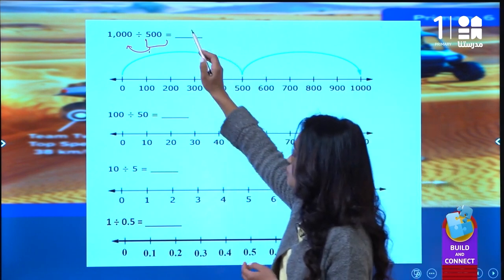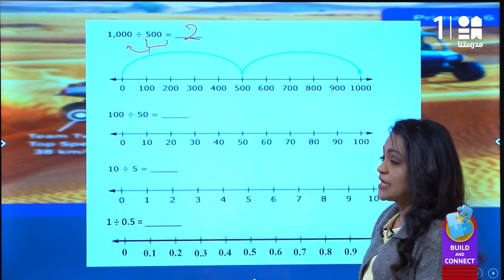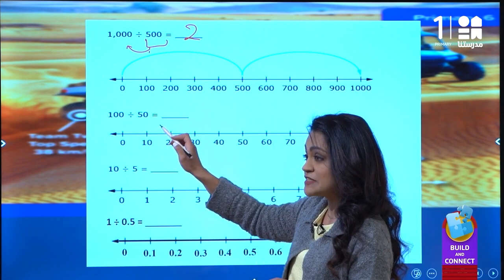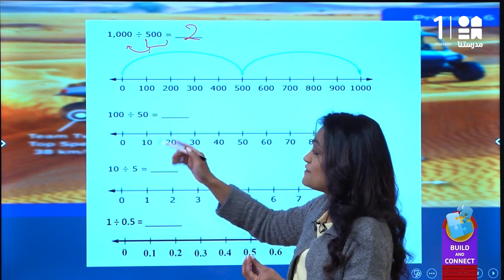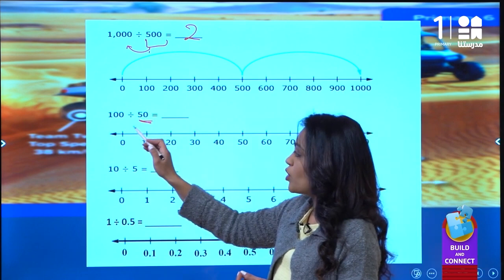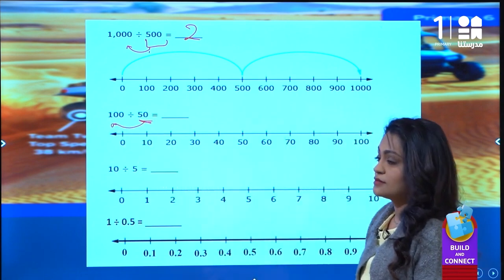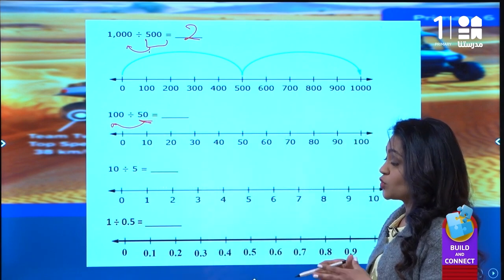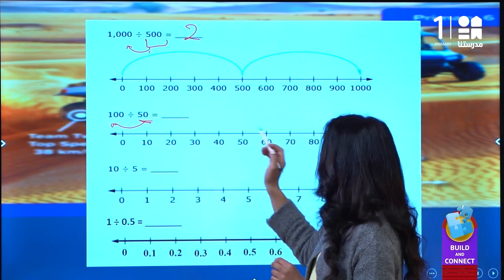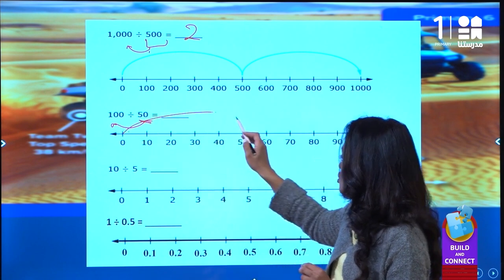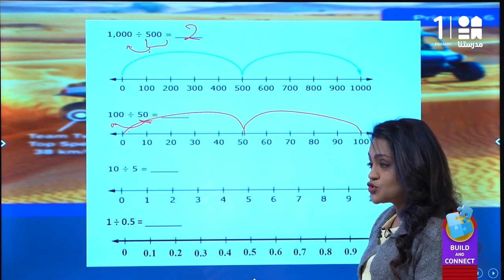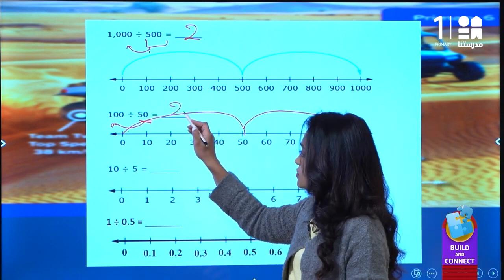So it's 2. In the second problem, 100 divided by 50, which means how many 50s are there in 100? We'll know that 100 has exactly two 50s, represented on the number line. So here's 50 and another 50. So also the result will be 2.